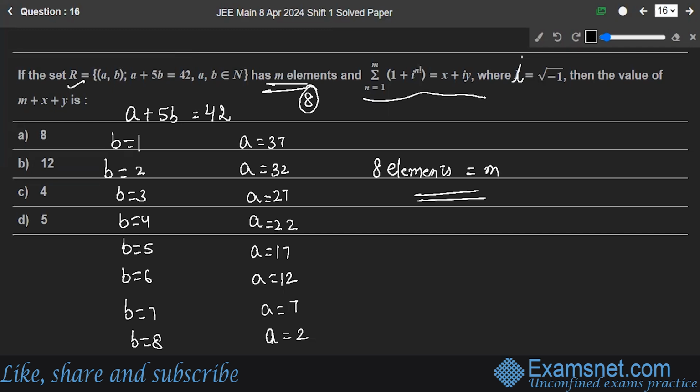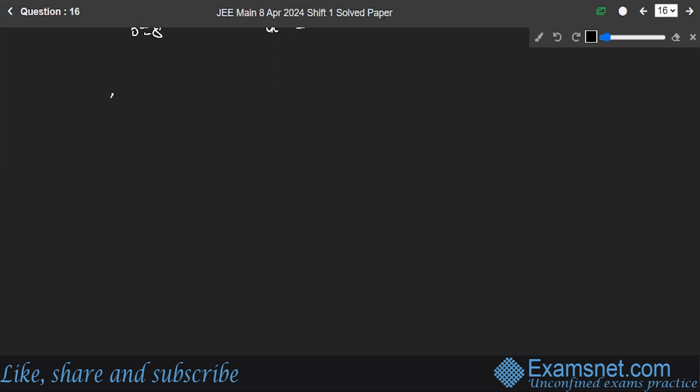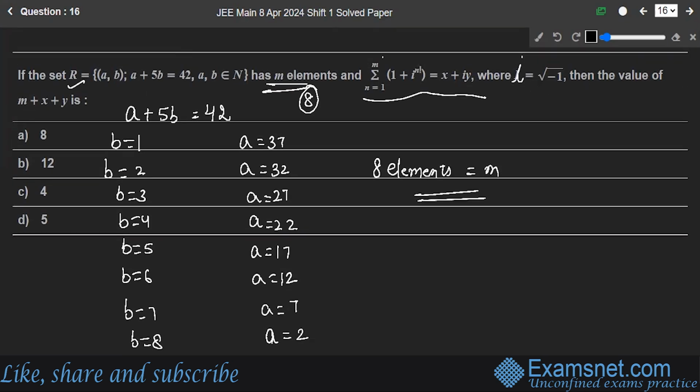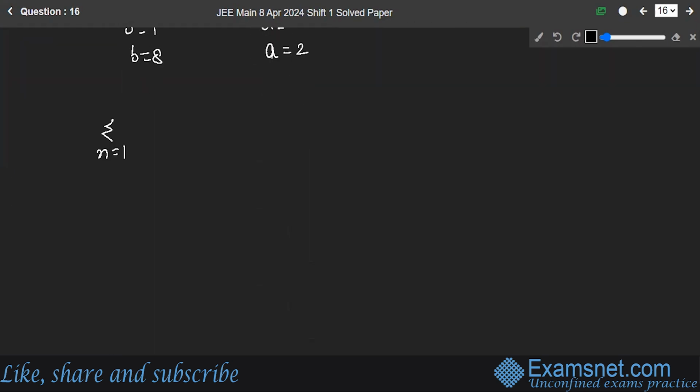Now let's pick up the second one. The second one says summation from n equal to 1 till m, and m was 8, of 1 minus iota power n factorial is equal to x plus iota y.